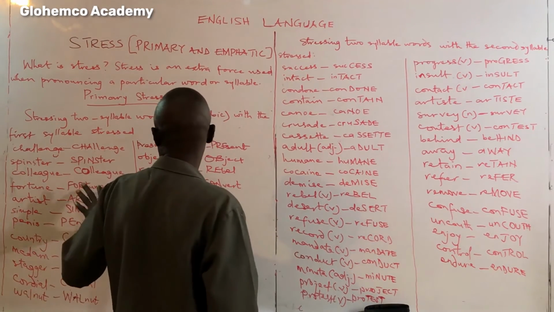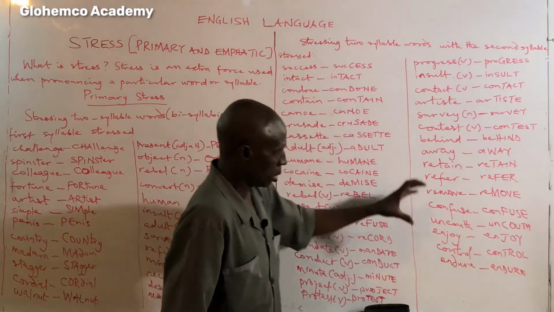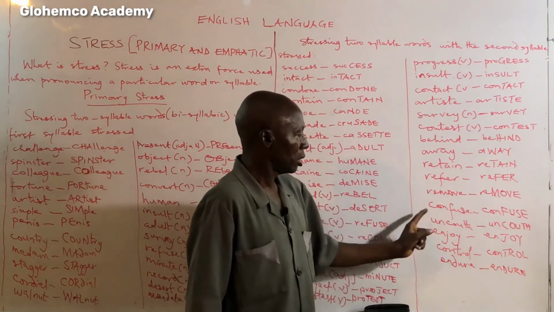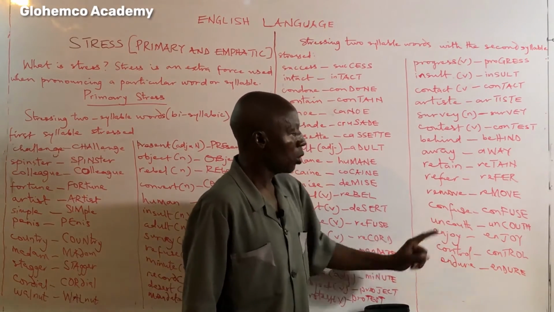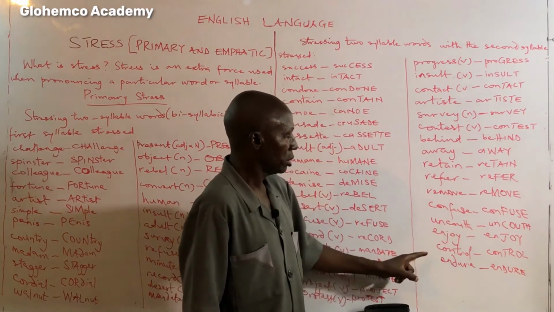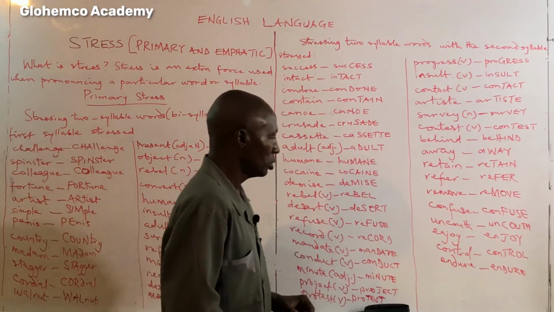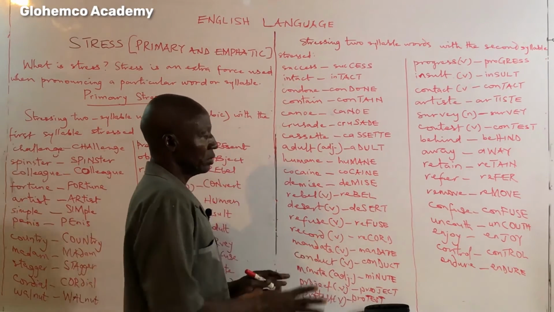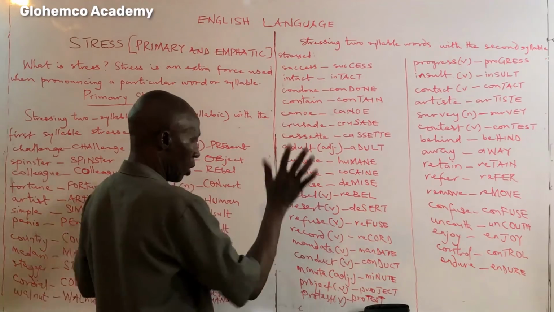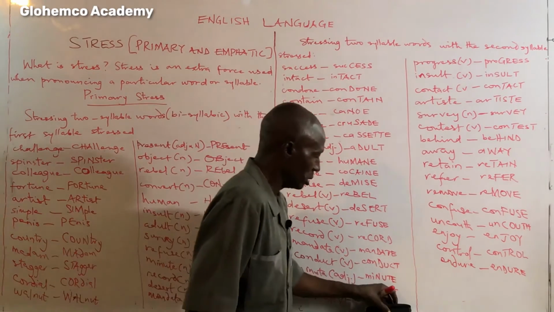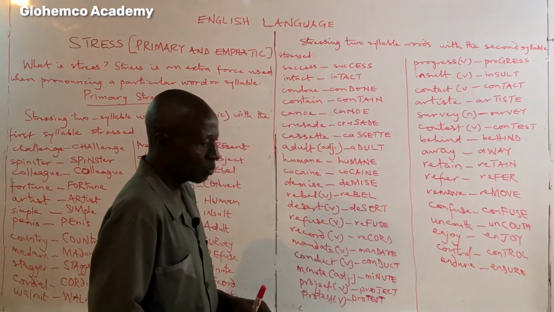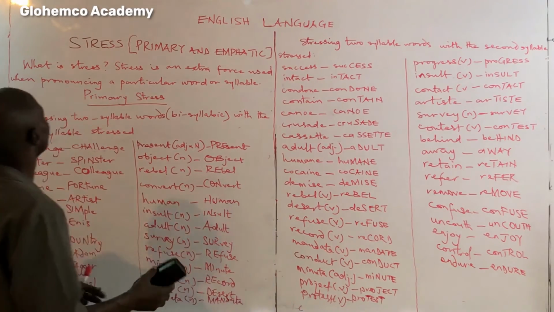That's where you have remove, confuse, uncouth, enjoy, control, endure, and so on and so forth. So please take note. Now you have 5 questions on things like this in the exam, whether WAEC or NECO or NAPTEP. All right.